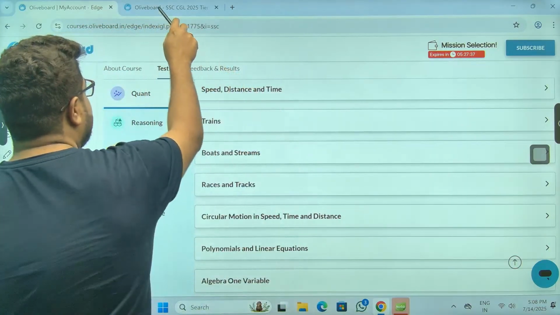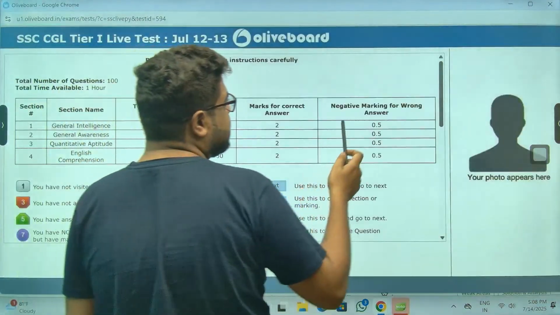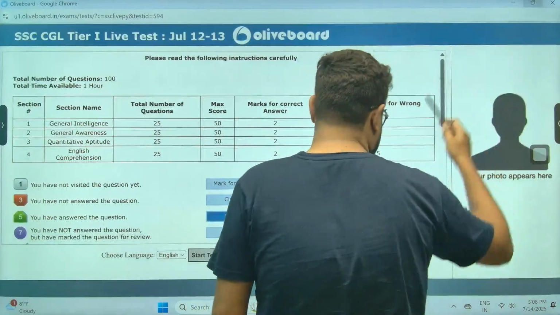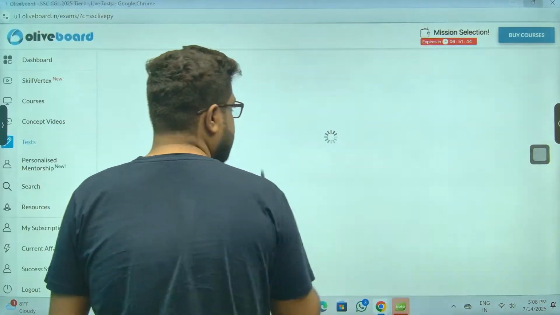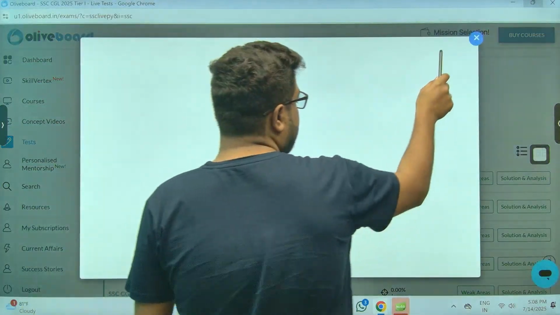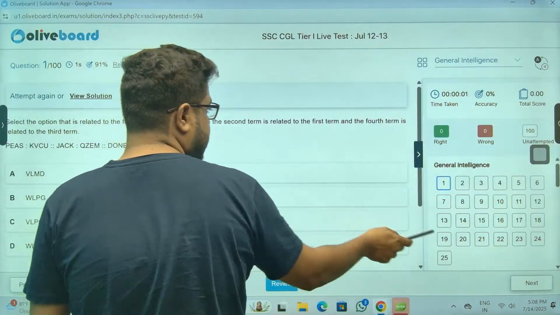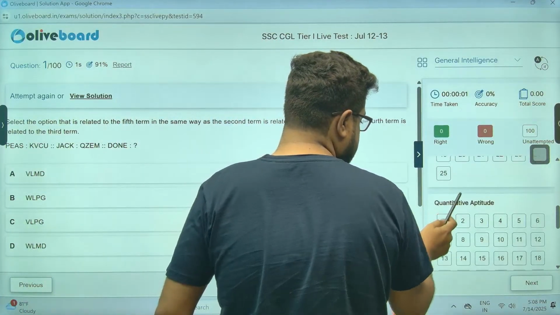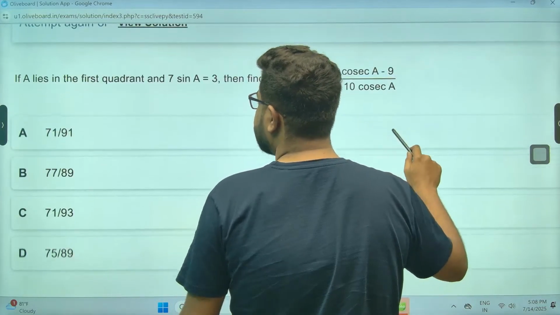Okay, so this was something I wanted to talk about first. Now let's move into our test. This is the test that we'll be doing. Let me quickly submit the test. We have submitted it. So the first question that we'll do will be this one, the first question of the quant section.